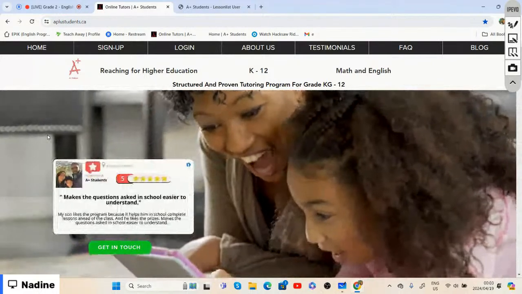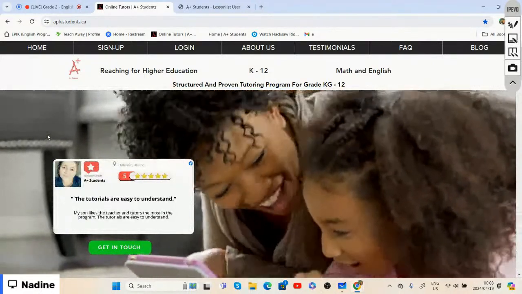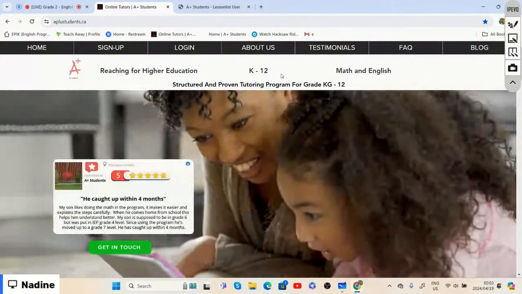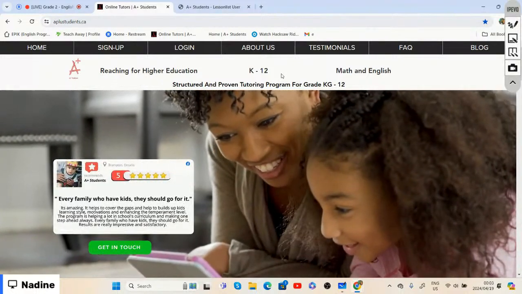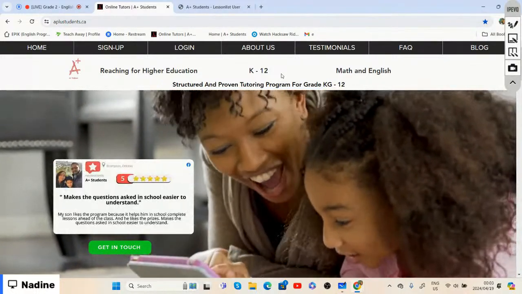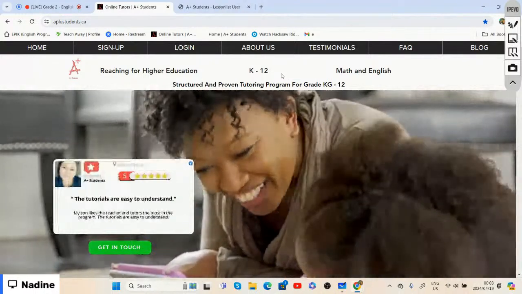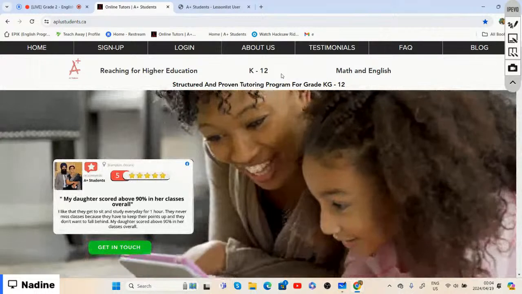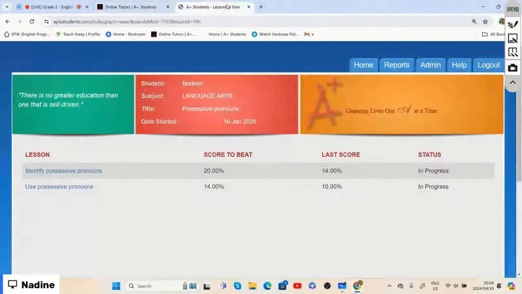Once you've logged on, we're going to select the subject of language arts, then Grade 2, and then scroll down until we get to possessive pronouns.